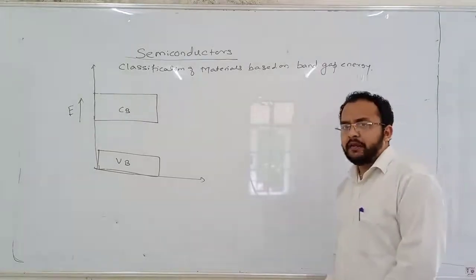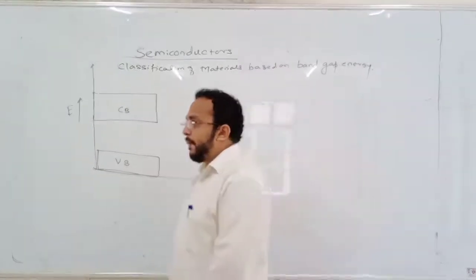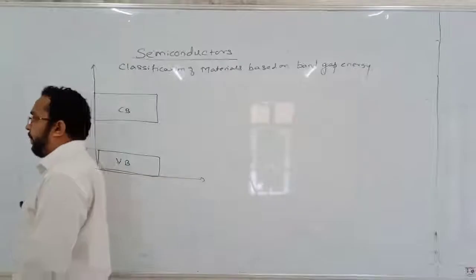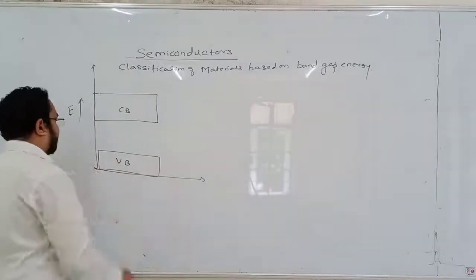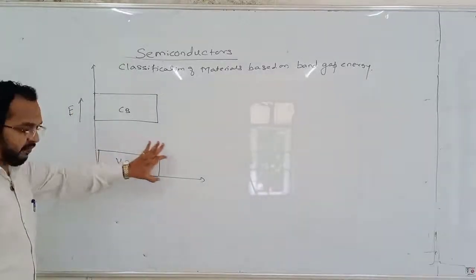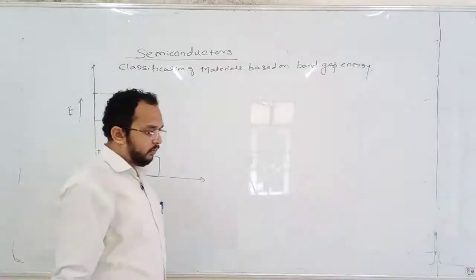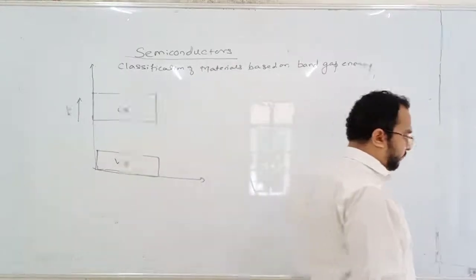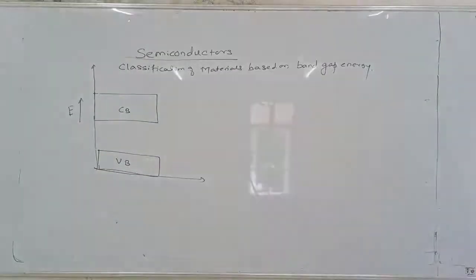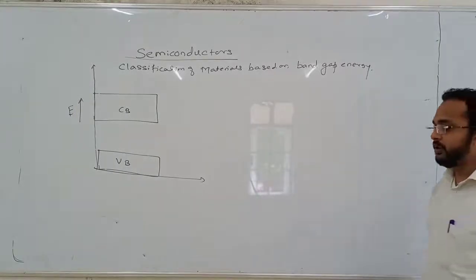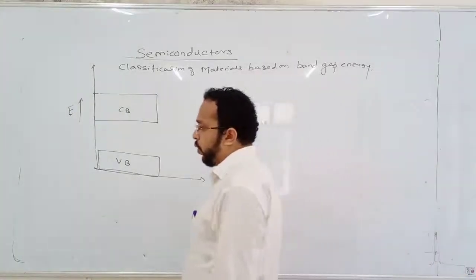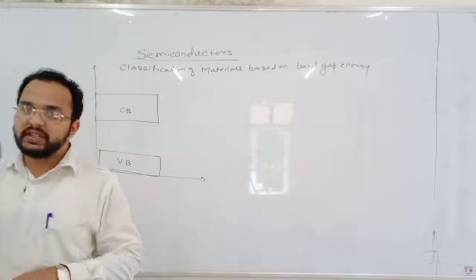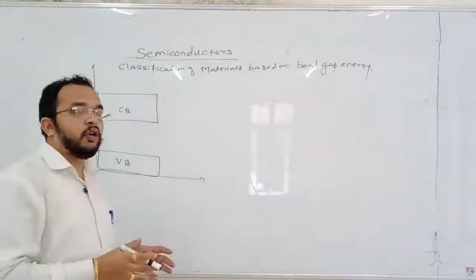So just write down what is conduction band and what is valence band. First you write, valence band is the band of energy level of electrons which are bonded in octet, or which are bonded to nucleus.